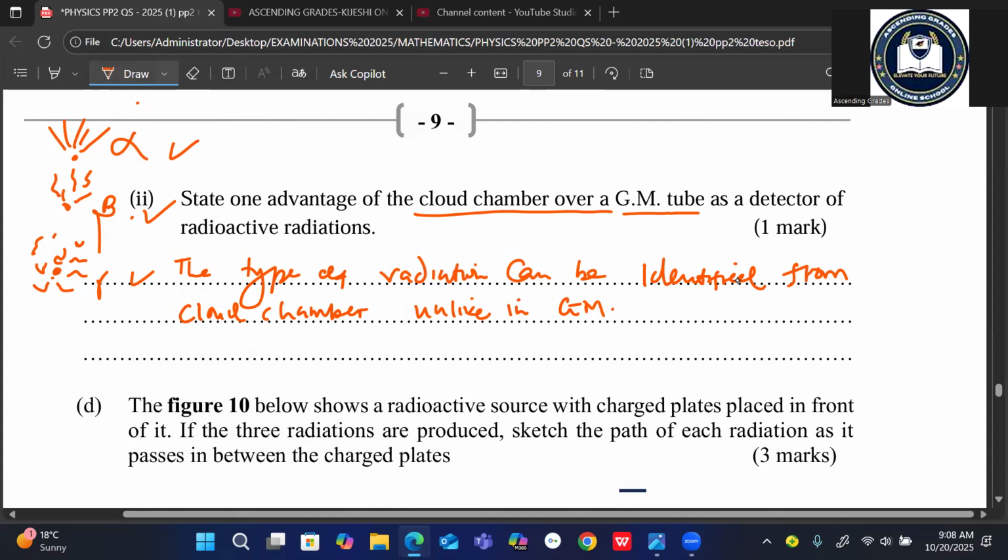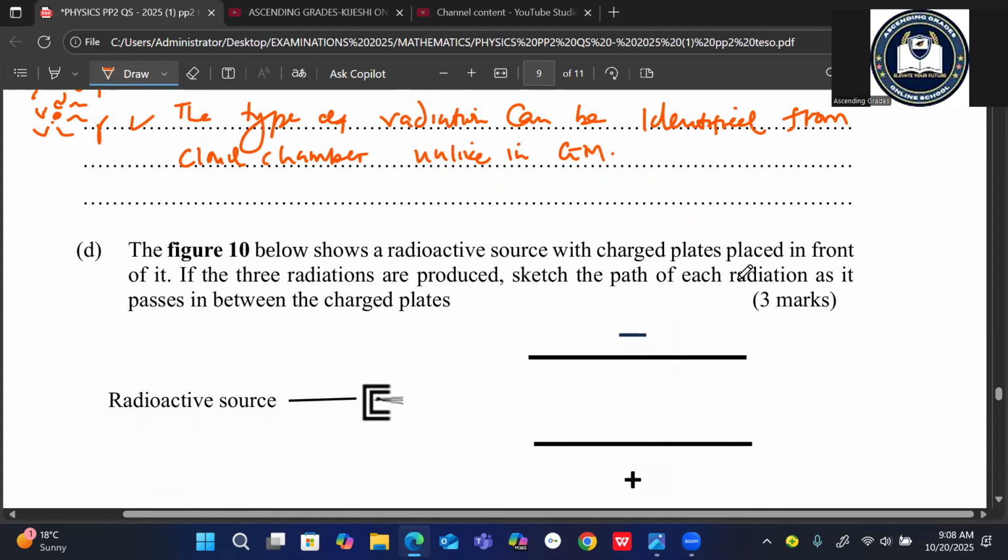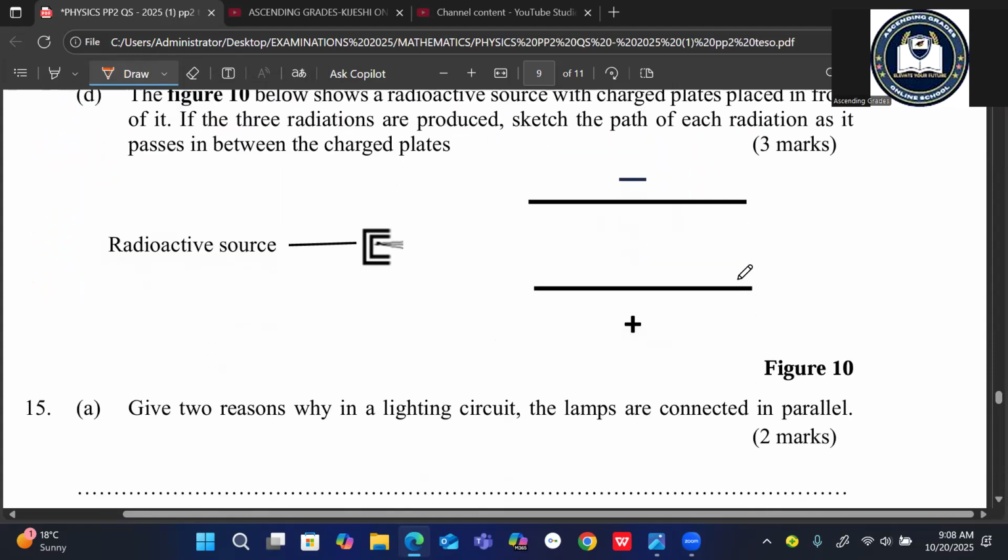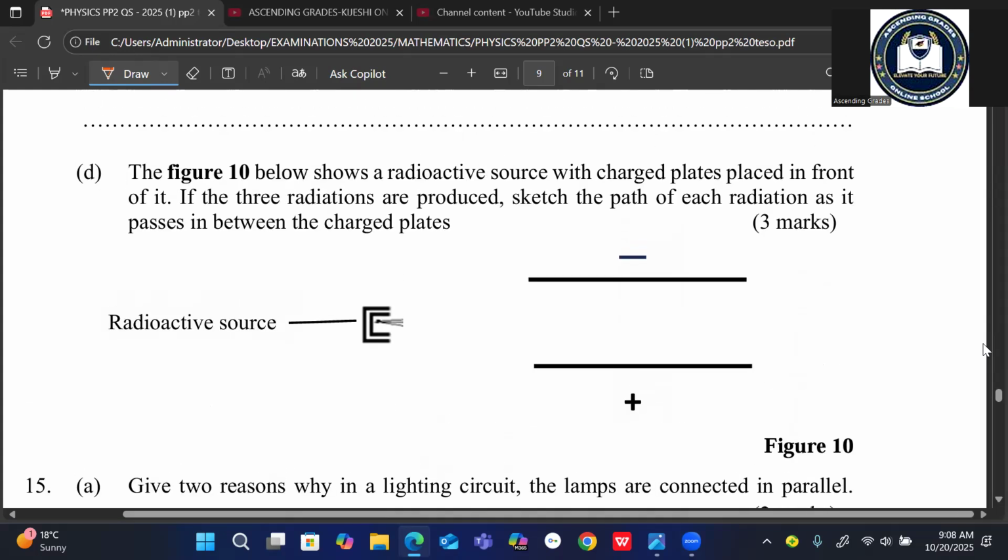But part D. The figure below shows a radioactive source with the charged plates in front of it. If the three radiations are produced, sketch the path of each radiation as it passes between the charged plates.